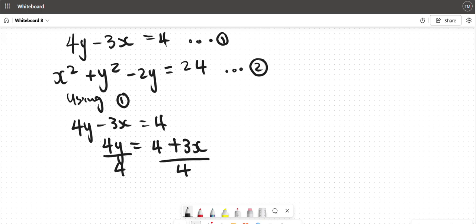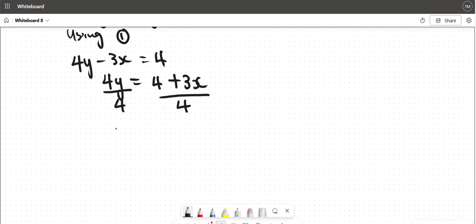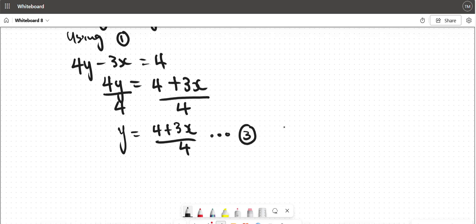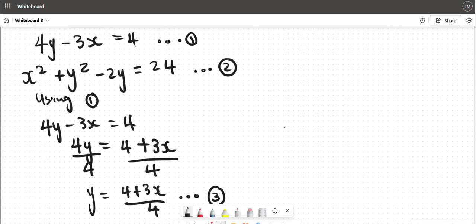And if you divide by 4 on both sides, you end up getting that y is equal to 4 plus 3x over 4. That's your equation 3. So you're looking at that equation 3 and you're like, Mr. Malaji, how are we going to substitute that? We can, guys. We can do anything we set our minds to.